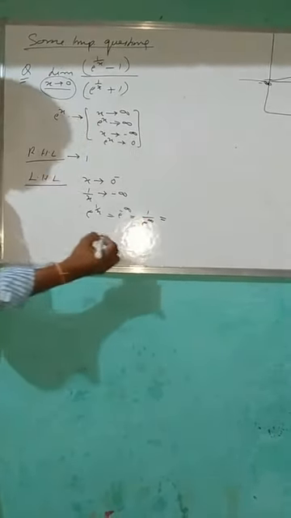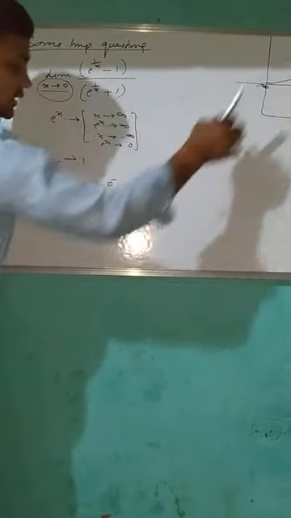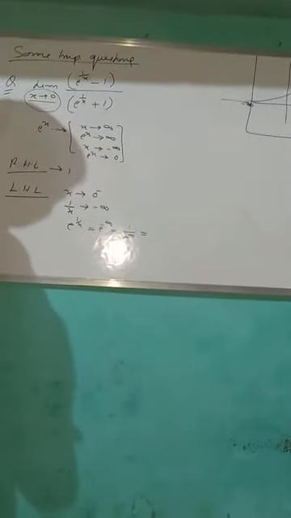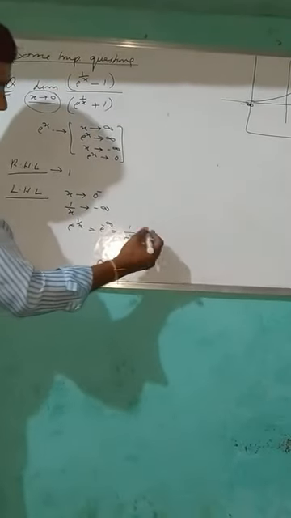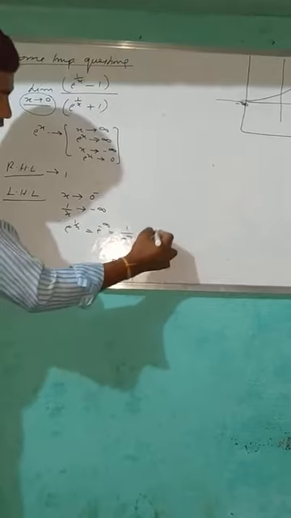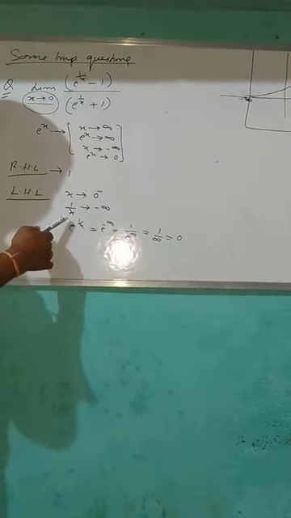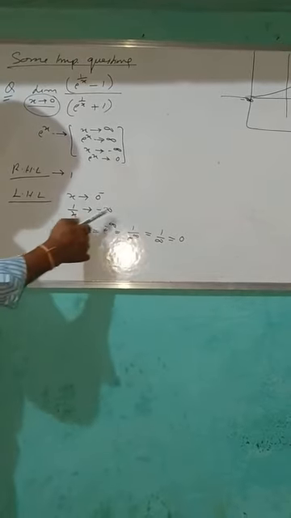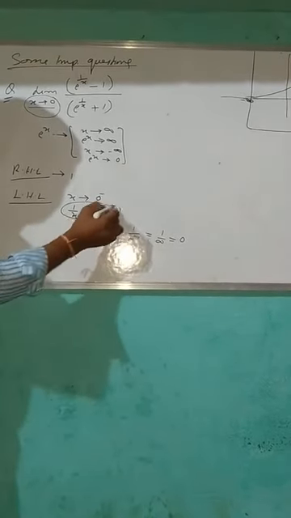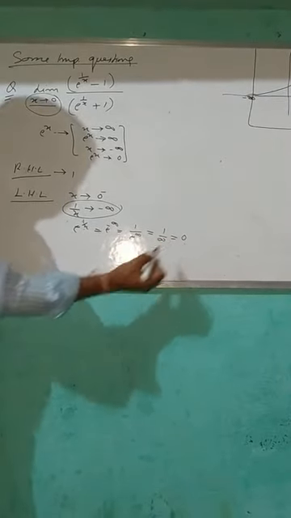We know that e to the power infinity equals infinity, so 1 upon infinity is equal to 0. It means when 1 upon x tends to minus infinity, then e to the power 1 upon x tends to 0.